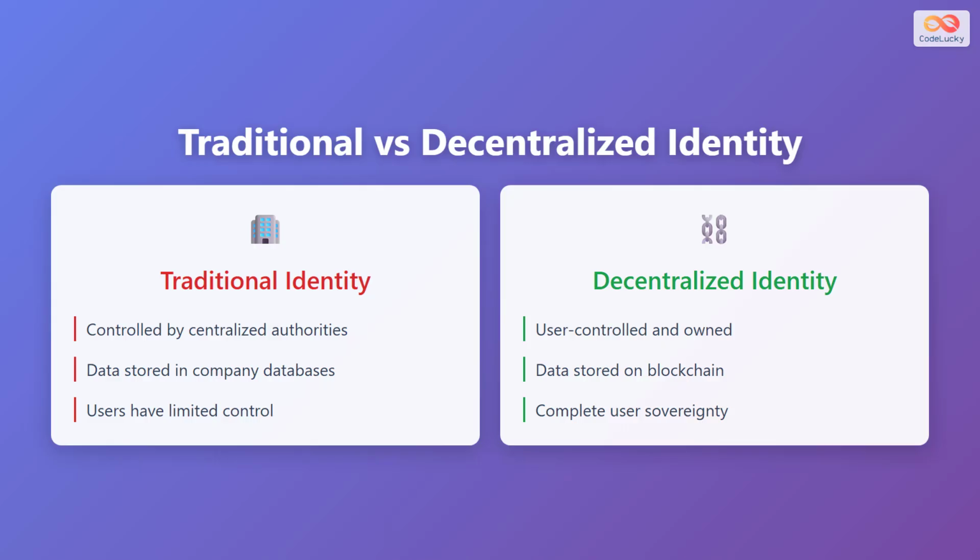With decentralized systems, you are in complete control. Your data is stored on blockchain networks, giving you full sovereignty over your identity. You decide what to share, when to share it, and with whom. This shift from centralized control to user ownership represents a fundamental change in how digital identity works.